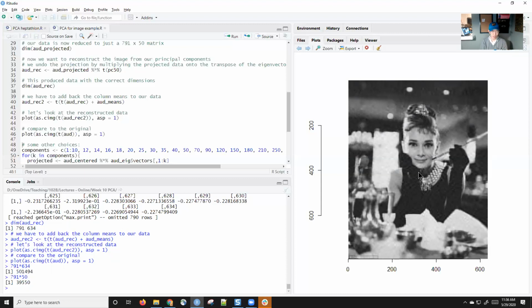Theoretically, you could do it, but from an engineering standpoint, the computation involved in finding the eigenvectors, compressing it down, and then undoing that dimension reduction is computationally expensive, so it's less desirable.